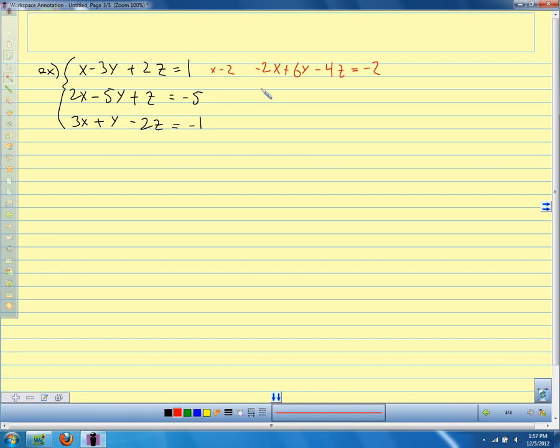And my second row, 2x minus 5y plus z equals negative 5. I'm just working with these 2 rows, and I'm going to add these 2 together. When I add these 2 together, my x's add together to equal 0. And I get 6y minus 5y is y. Minus 4z plus z is minus 3z. And that equals minus 2 minus 5 is minus 7.